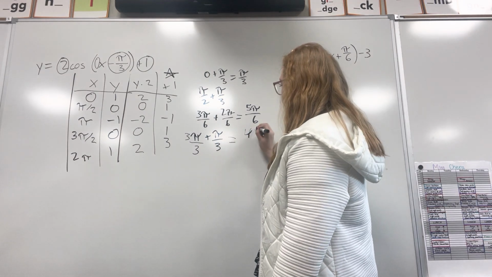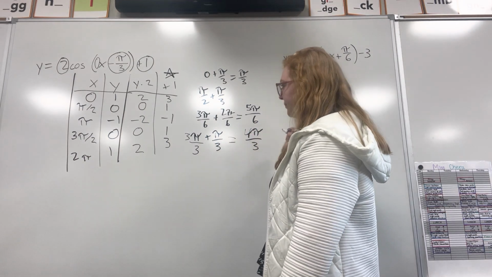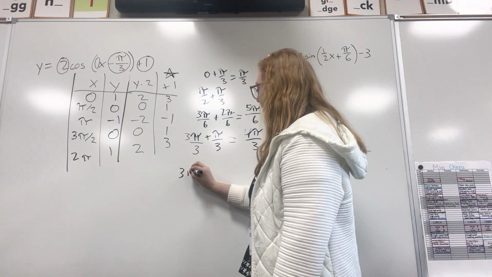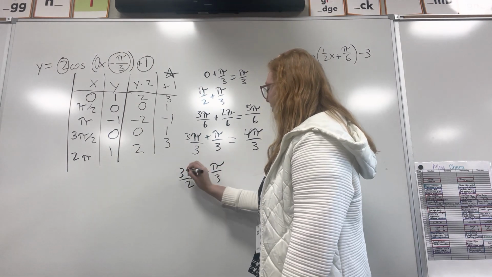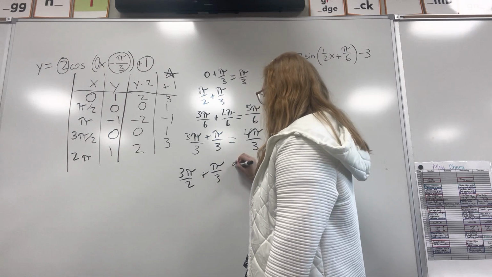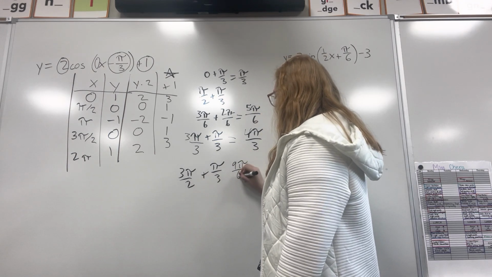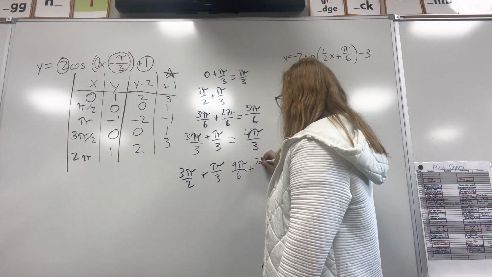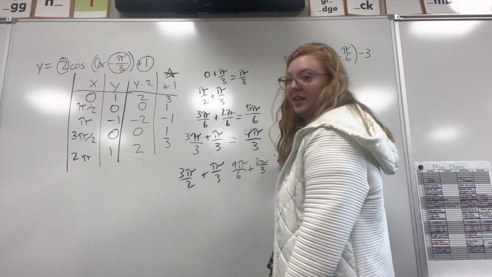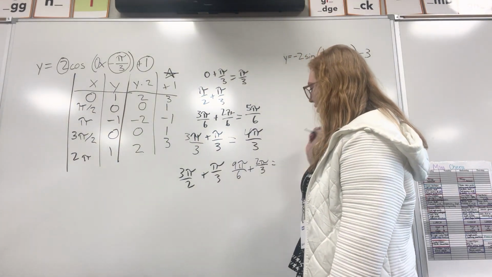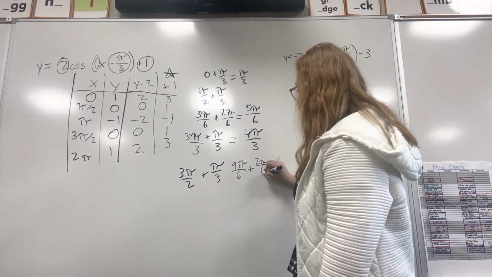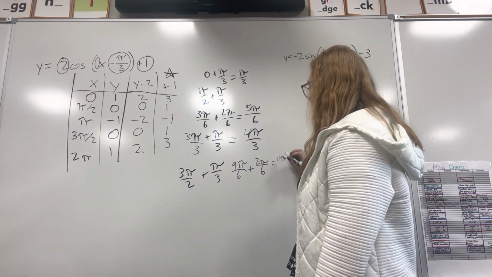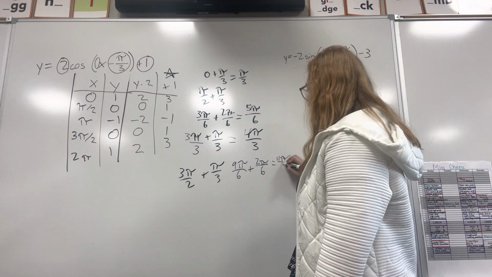That's going to equal 4 pi over 3. And then 3 pi over 2 plus pi over 3, do the same thing and cross multiply it. So we've got 9 pi over 6 plus 2 pi over 6, and that's going to equal 11 pi over 6.